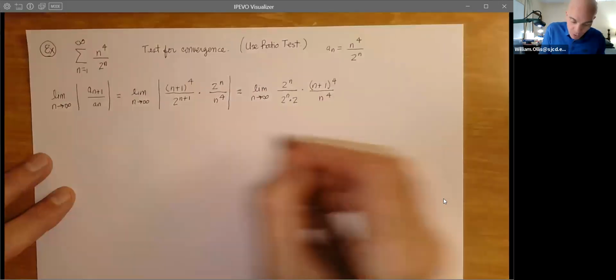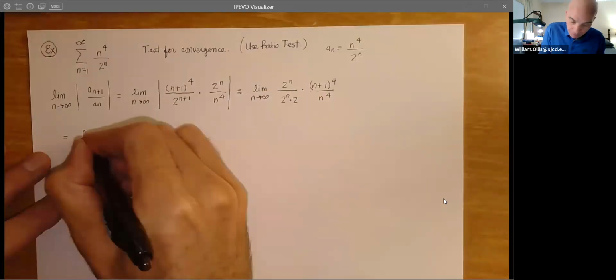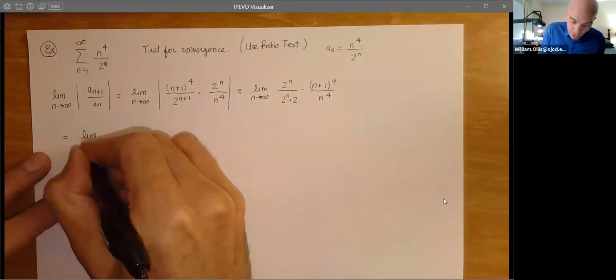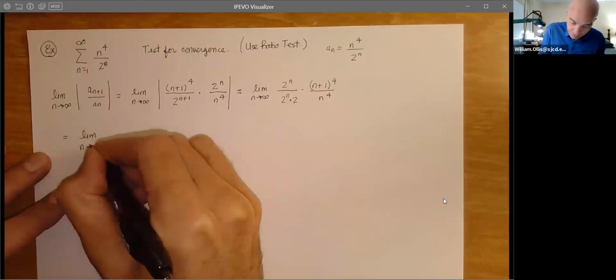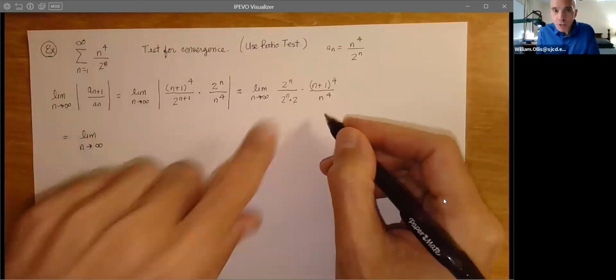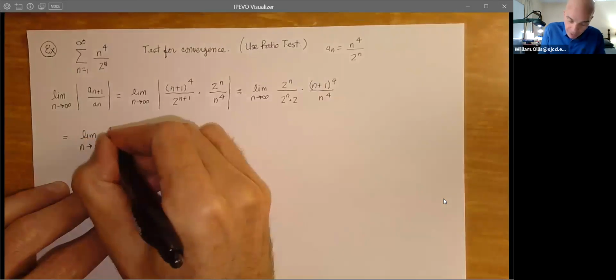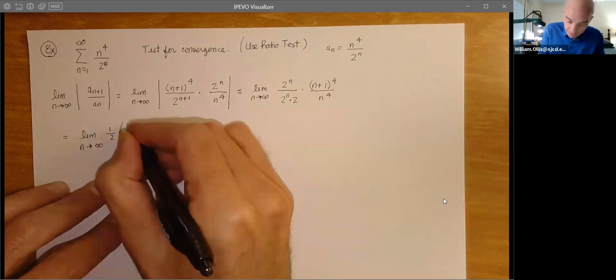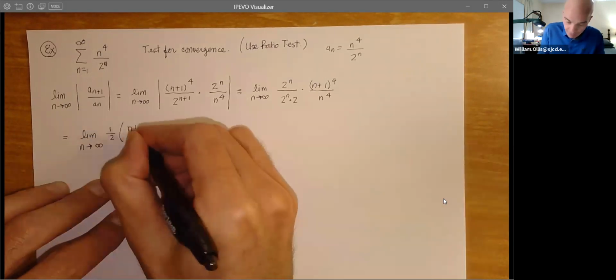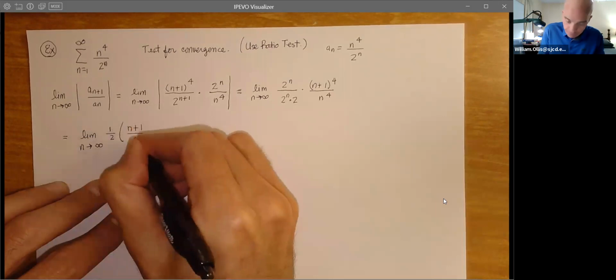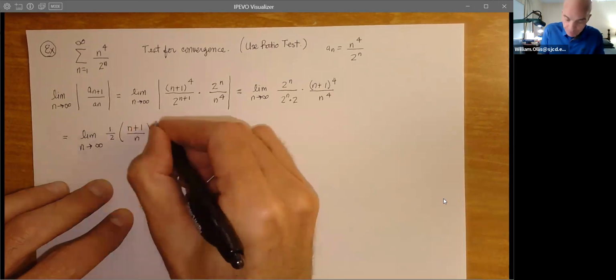So now, of course, we'll have the limit as n approaches infinity. Of course, the 2 to the n's cancel, and we're left with a 1/2. And then, of course, we can write the fourth power of n plus 1 divided by n to the fourth.